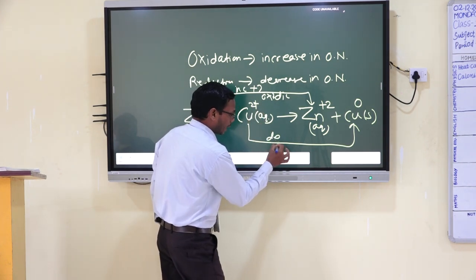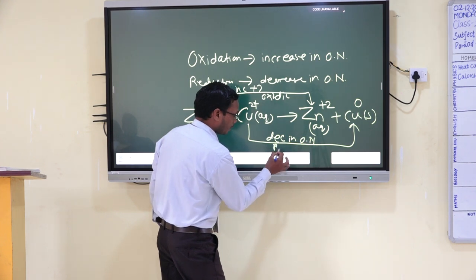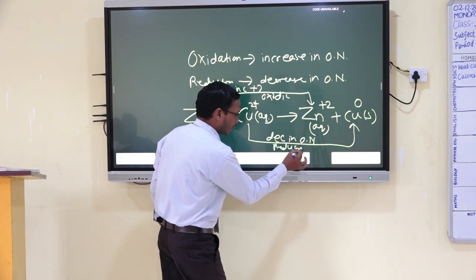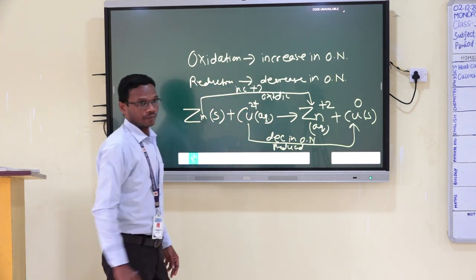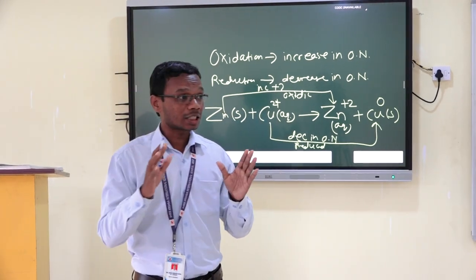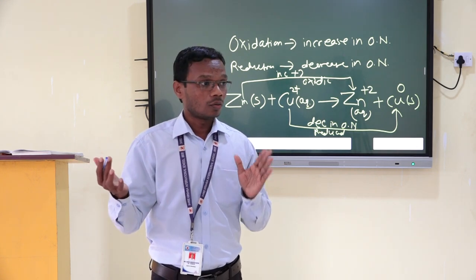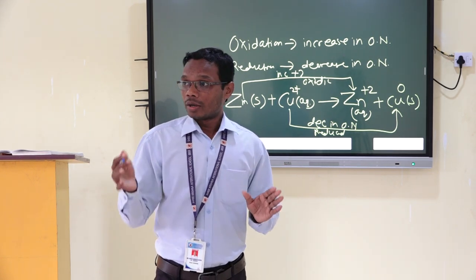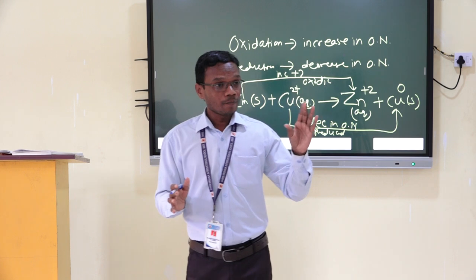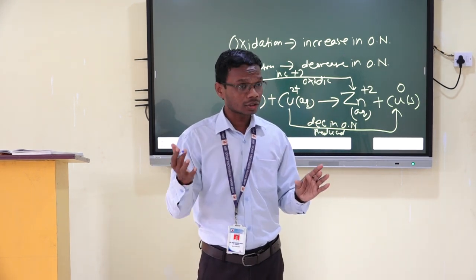So it is reduced, or reduction. Clear? So whenever we see a species with increase in oxidation state, it is oxidation. Whenever there is a decrease in oxidation state, that is reduction.